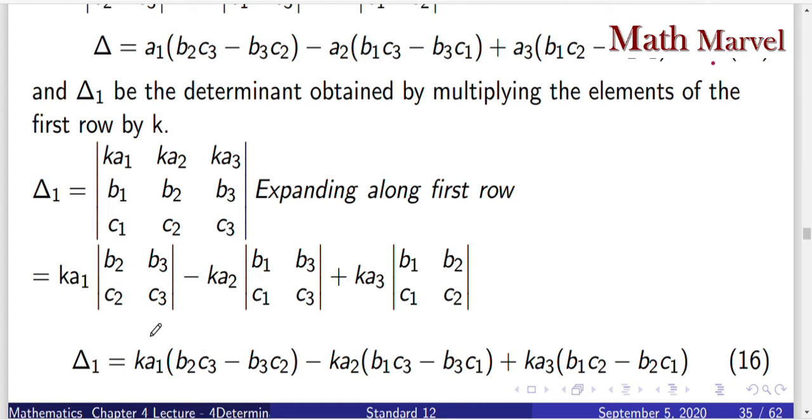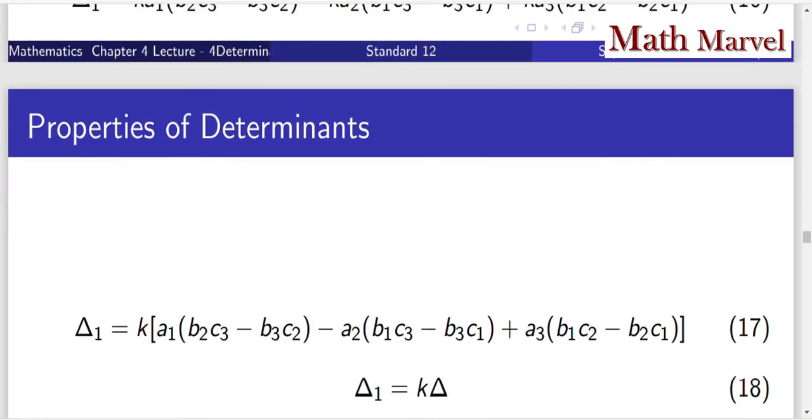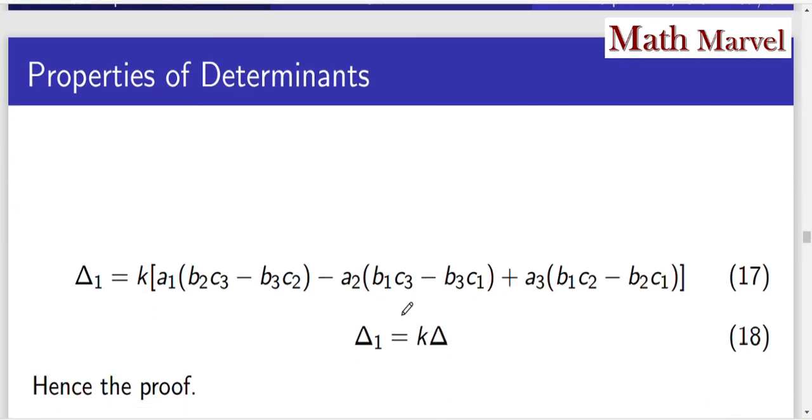Now simplify this, so we get k a1 (b2 c3 minus c2 b3) minus k a2 (b1 c3 minus c1 b3) plus k a3 (b1 c2 minus c1 b2). Now from this equation take k common.